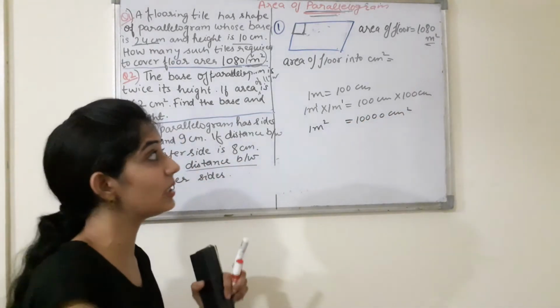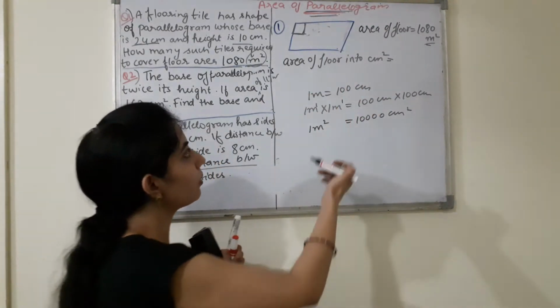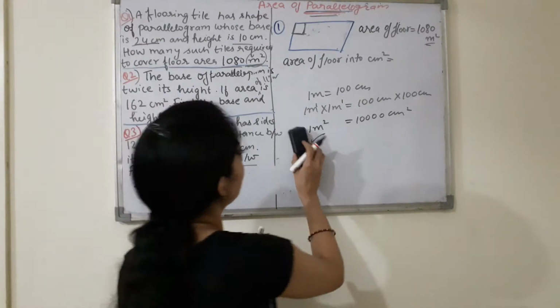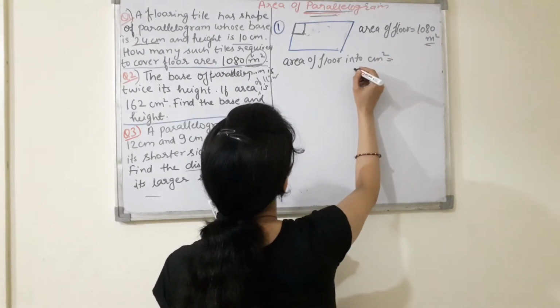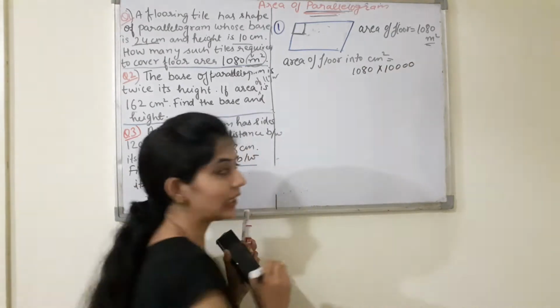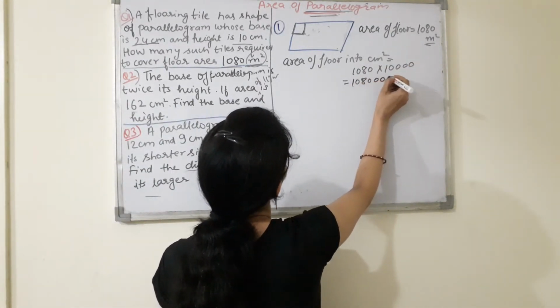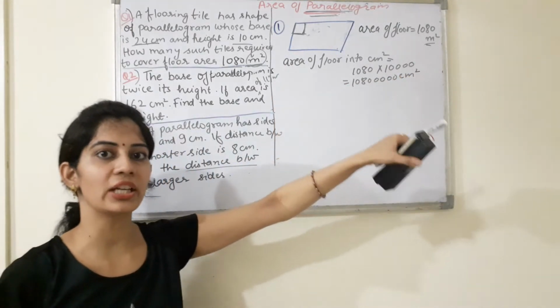We have to change meter square to centimeter square, so 1 meter square is equal to 10,000 centimeter square, right? So simply we have to multiply 1080 with 10,000. So this is 10,800,000 centimeter square. Now it has been converted into centimeter square.